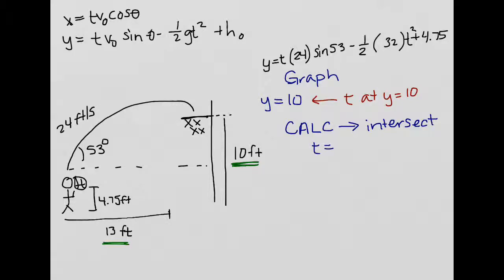And when you graph it, my calculator tells me that the value is about 0.774. Okay. So now I know that t is equal to 0.774.